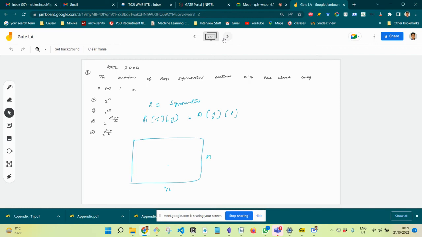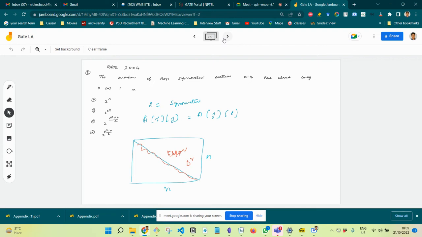Once you fix the leading diagonal and the entries above the leading diagonal, the entries of the lower triangular part are automatically fixed. That is why when you're counting, you should count only the number of entries in the leading diagonal and the number of entries above the diagonal.